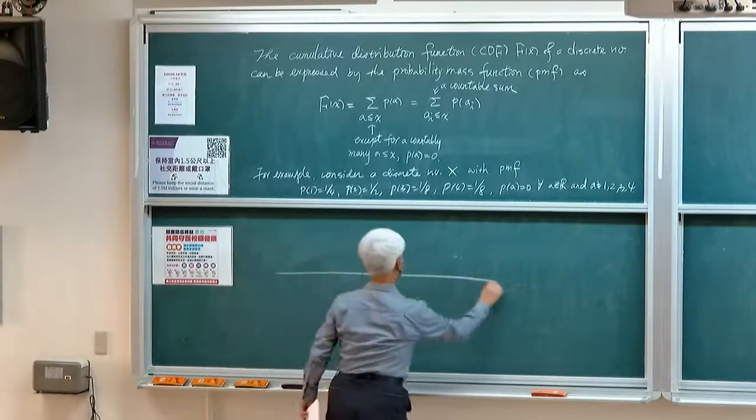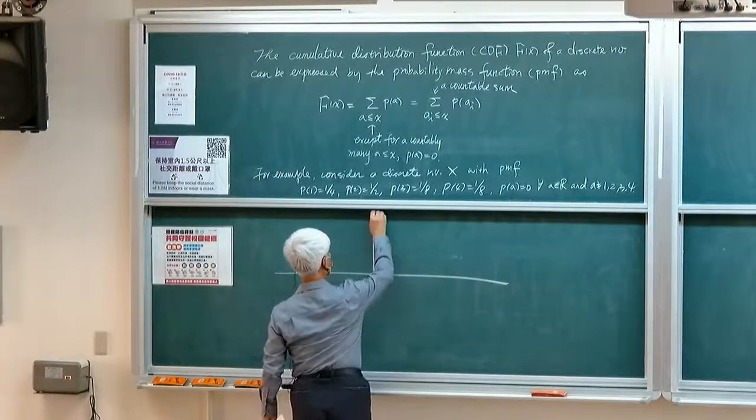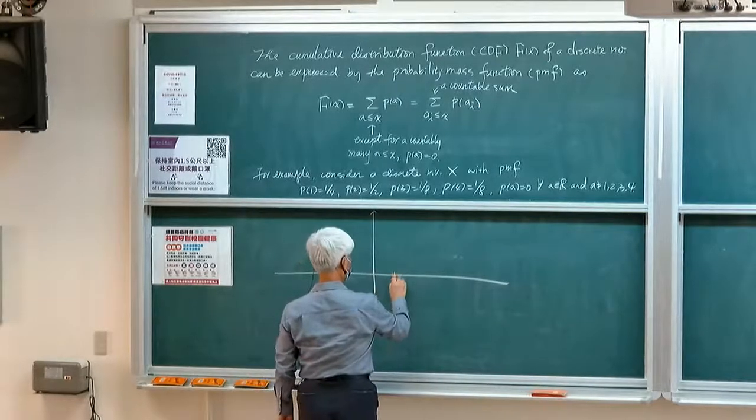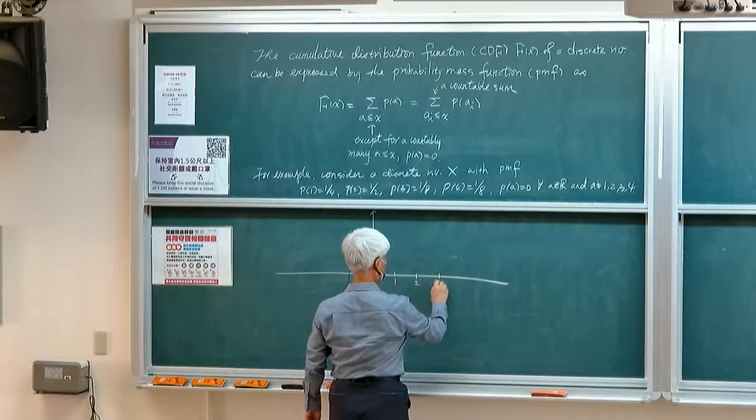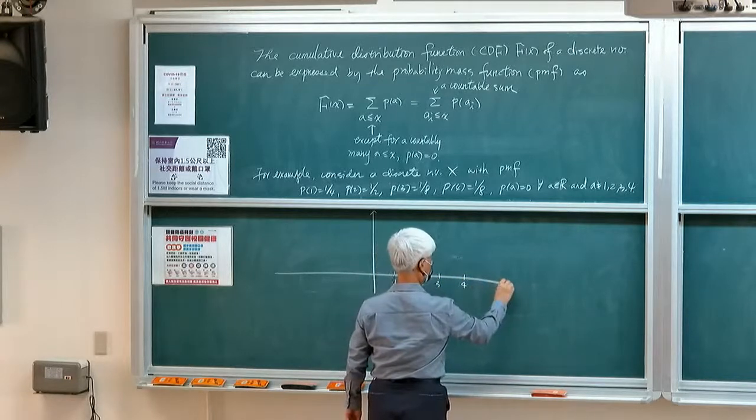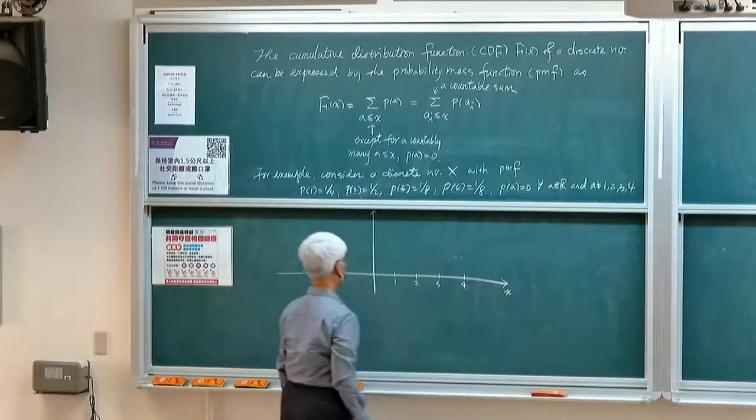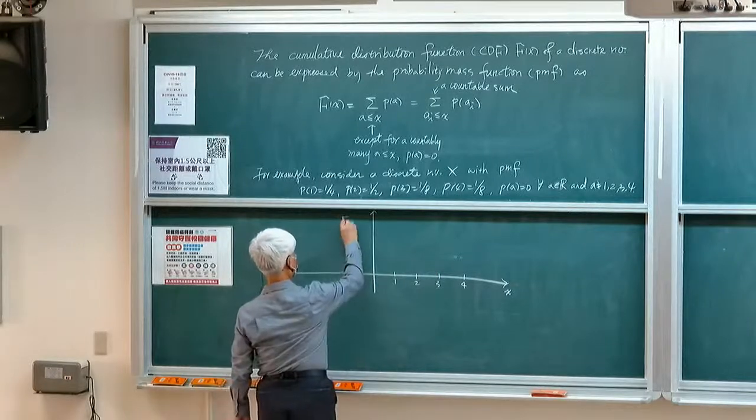So we mark 1, 2, 3, 4 on the x-axis, with F(x) on the vertical axis.